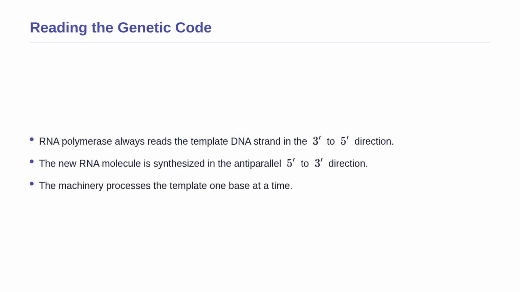Because nucleic acids must align in opposite directions to pair up, the enzyme synthesizes the new RNA molecule in the antiparallel 5' to 3' direction. The machinery meticulously processes the template, one single base at a time, ensuring no information is lost.